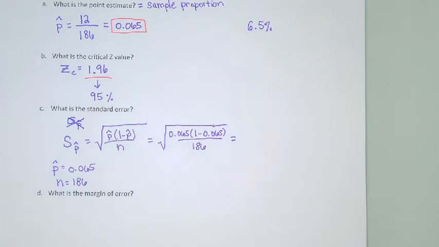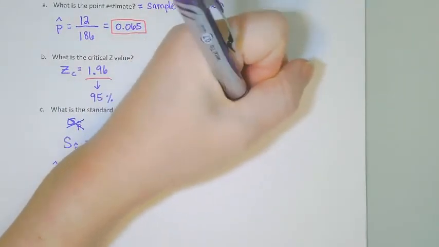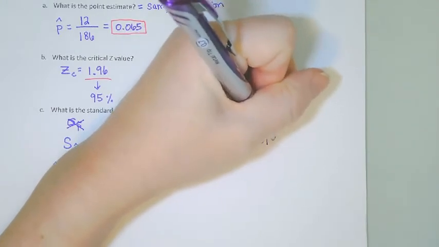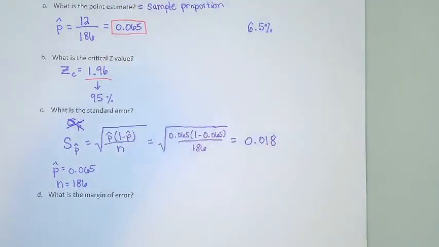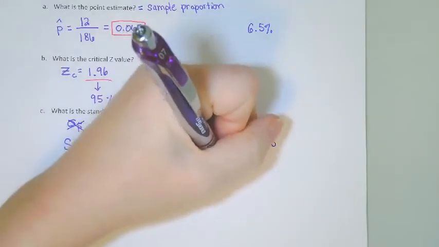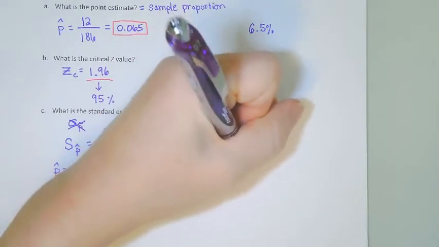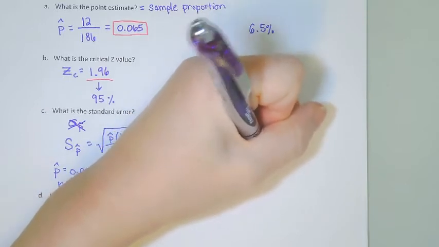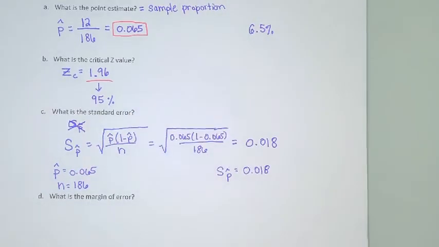And I'm going to type that into my calculator and round to 3 decimal places. And I'm going to come up with 0.018. So in this case, our standard error is 0.018.